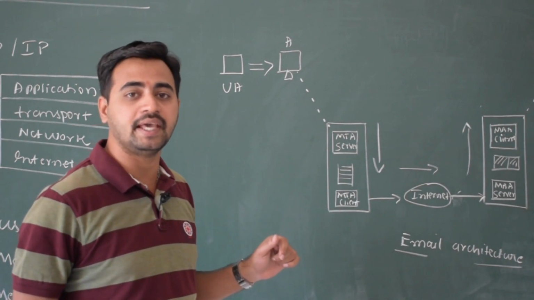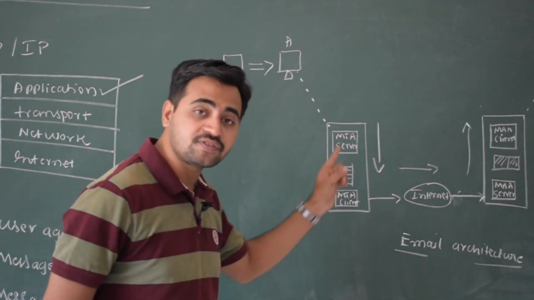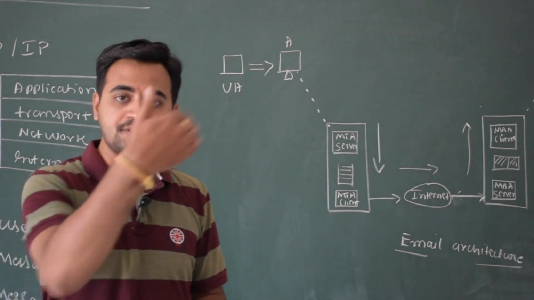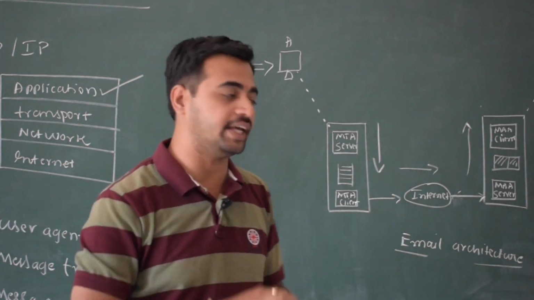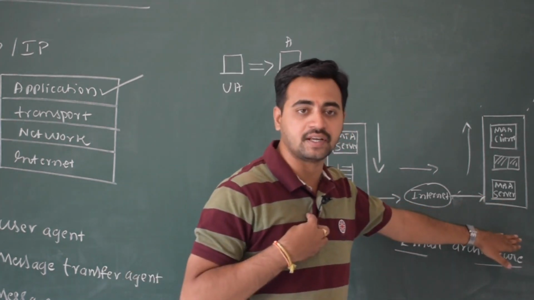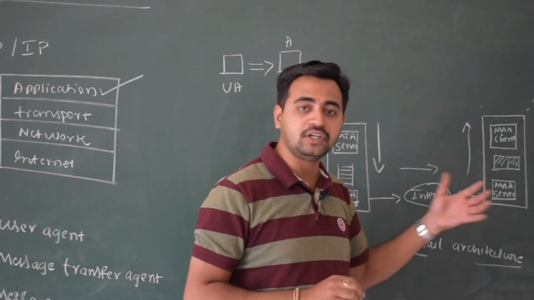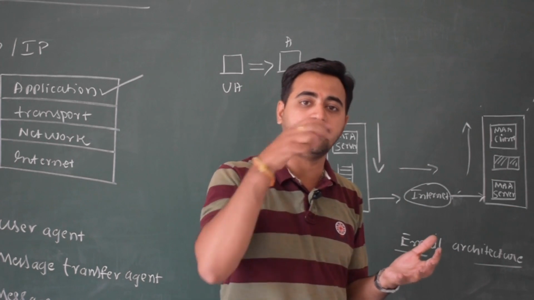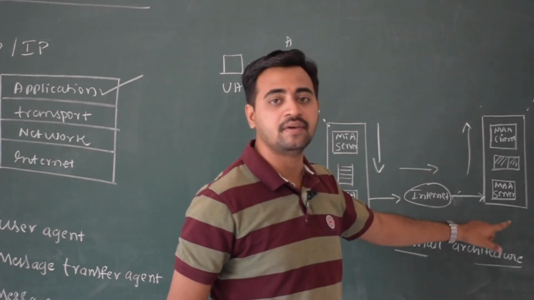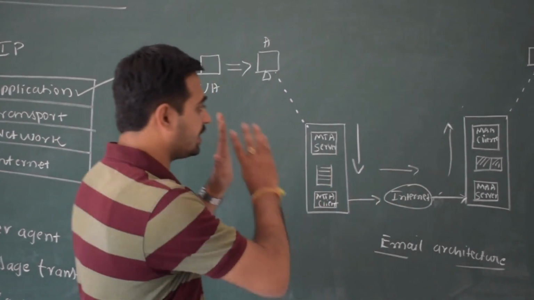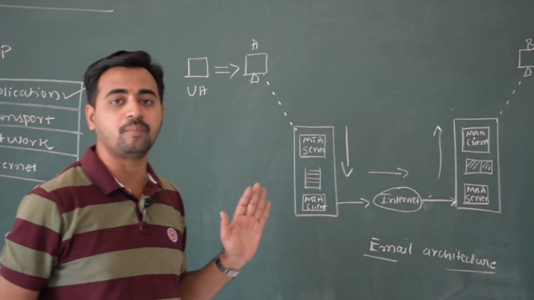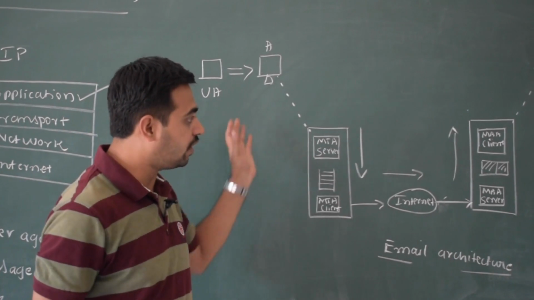What do you mean by MTA? Message transfer agent. If I want to transfer the message, I need to use one server, and that server is the transfer agent. Suppose I am the receiver, I should not use MTA, I need to use a server called MAA. What do you mean by MAA? Message access agent.